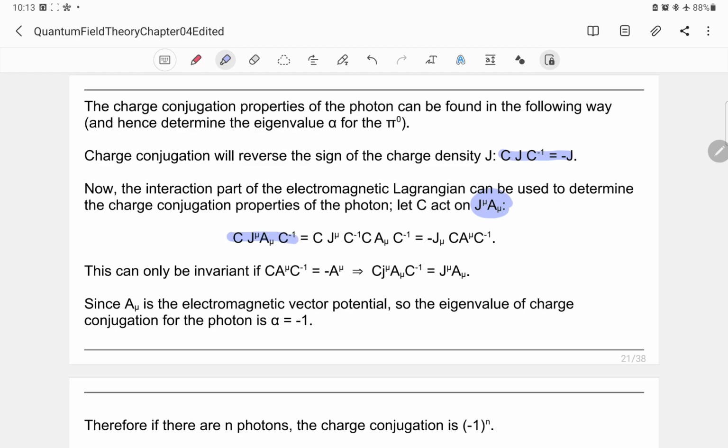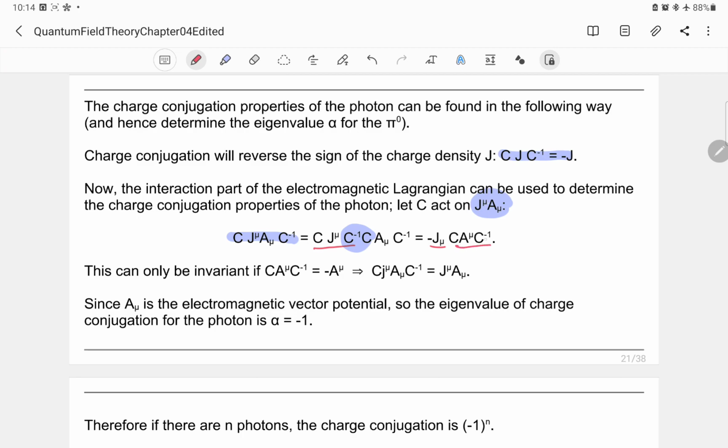If you apply that, this is just an identity, so you can put that in between or anywhere in the expression, so that you will have this one here, and this is just equal to negative J mu.